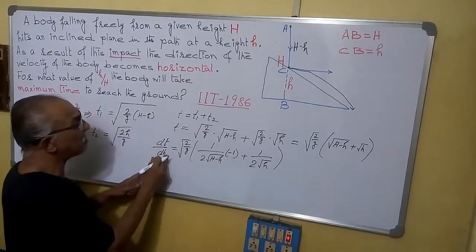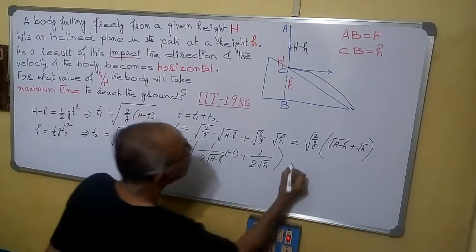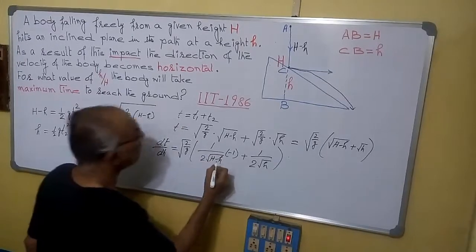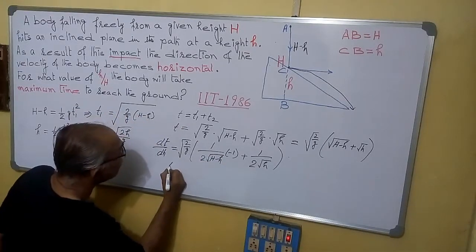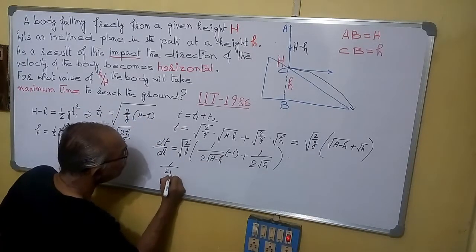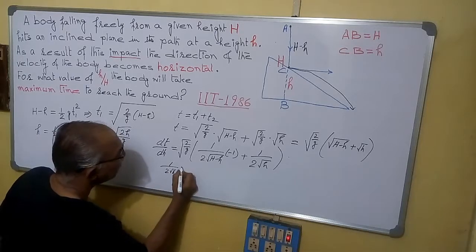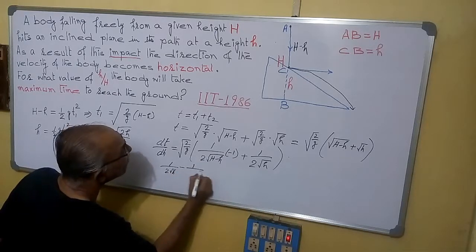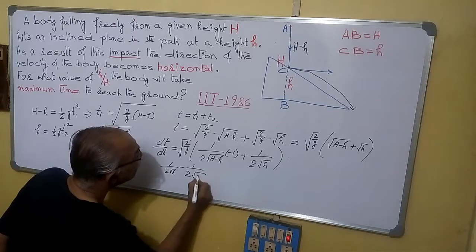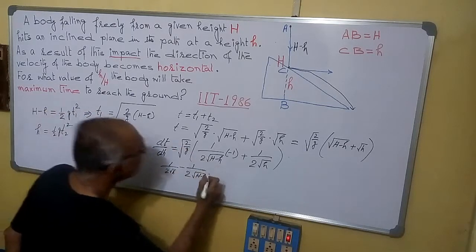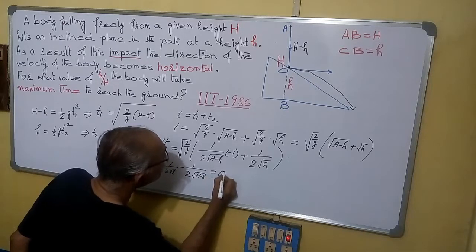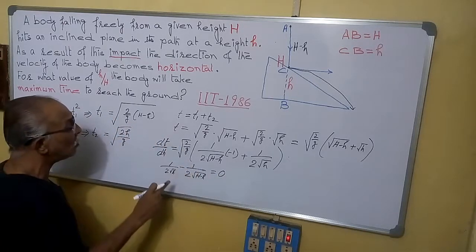Now if we say dt by dh equals 0, that means we are getting 1 by 2 root h minus 1 by 2 root of (H minus h) equals 0. So this one is not 0.